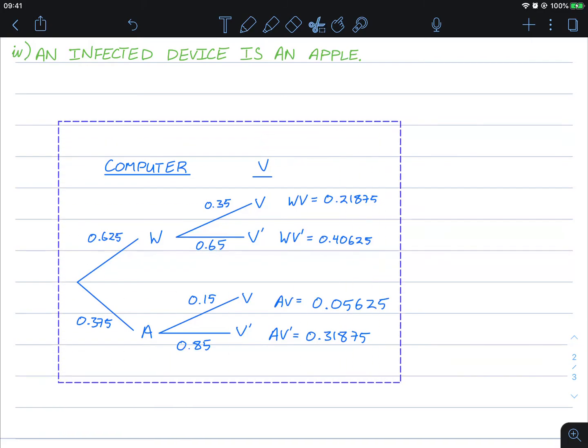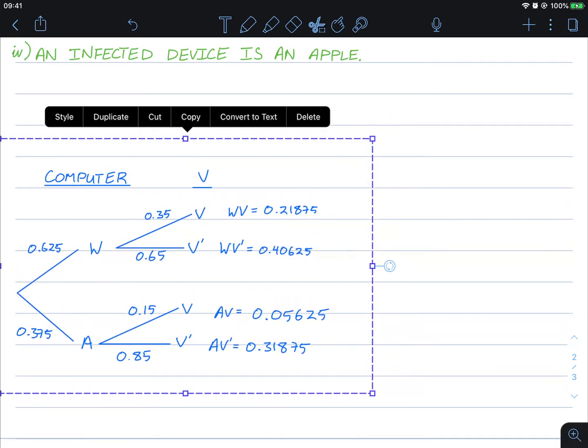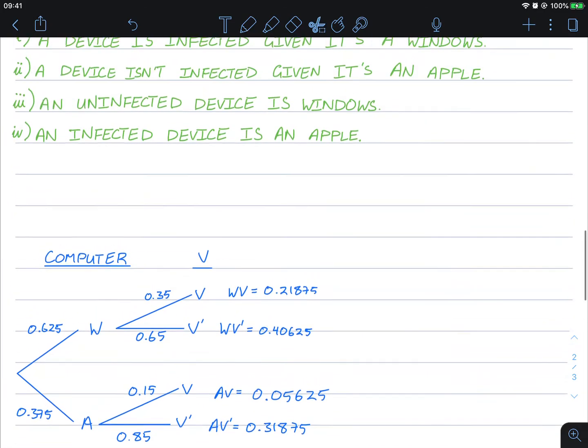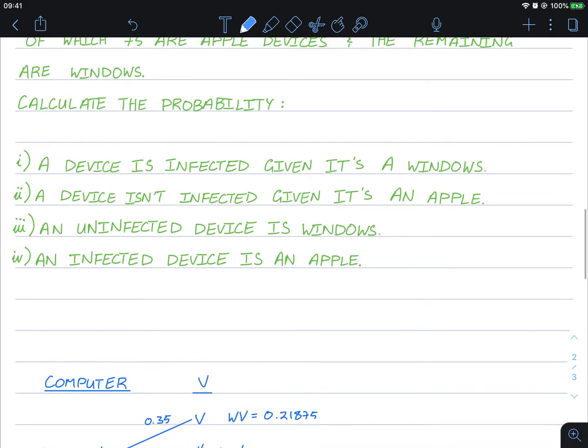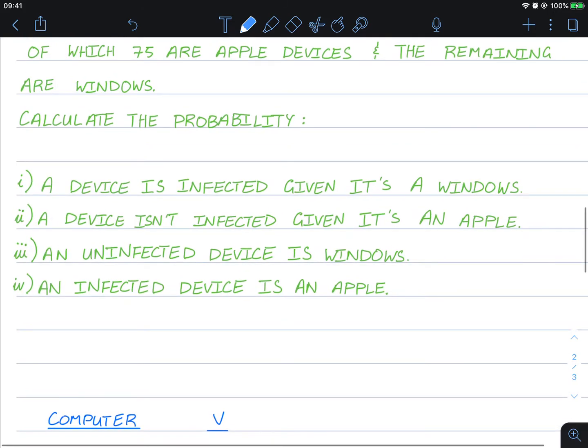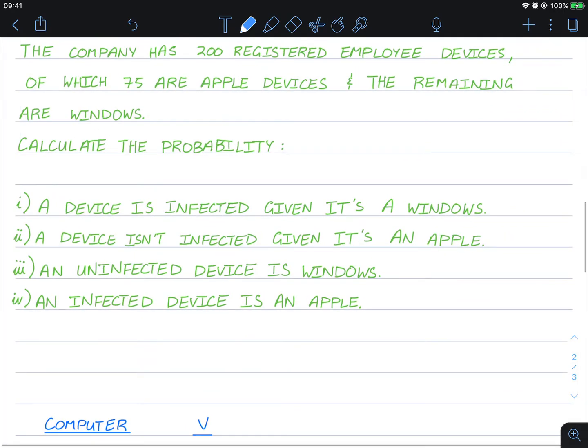So here we go. Now that we have our probability tree, let's calculate this condition here. The probability a device is infected given it's a Windows. Given it's a Windows, so given is the W and V is the virus.